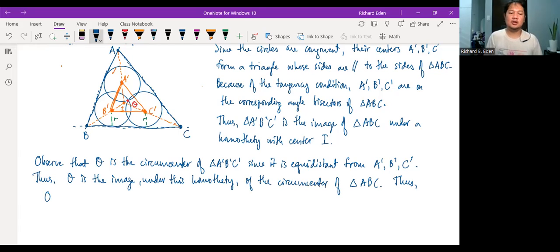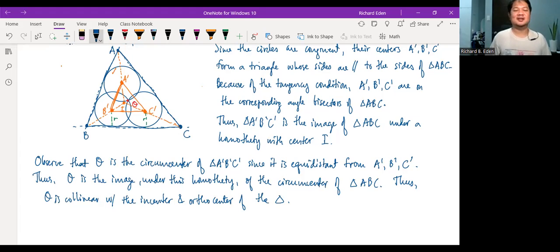Thus, O is collinear with the incenter and orthocenter of the triangle. Therefore, of course, this point is on the Euler line.